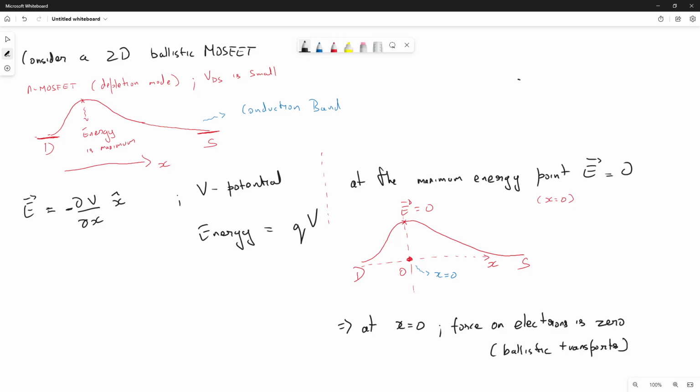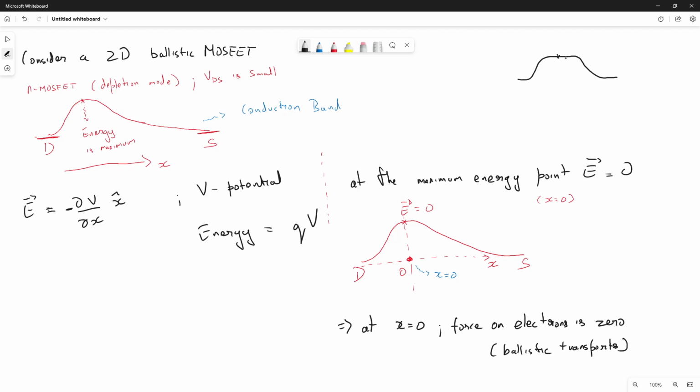Our band diagram would have looked something like this. Now, where is the maximum? The maximum will be somewhere over here, in the middle of the channel.